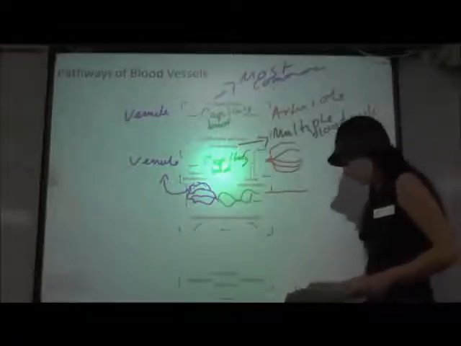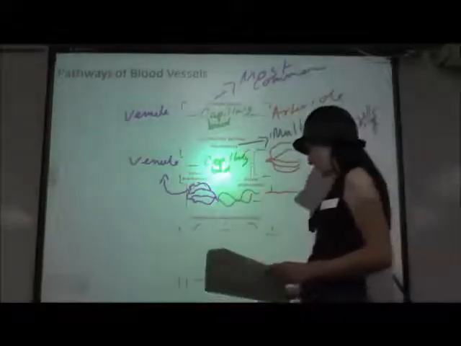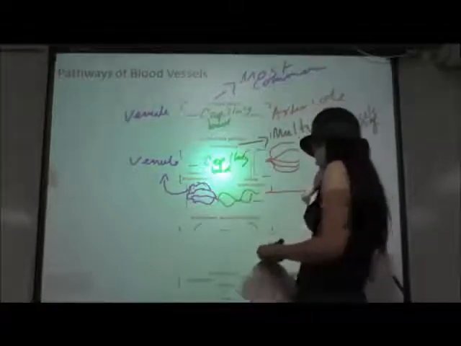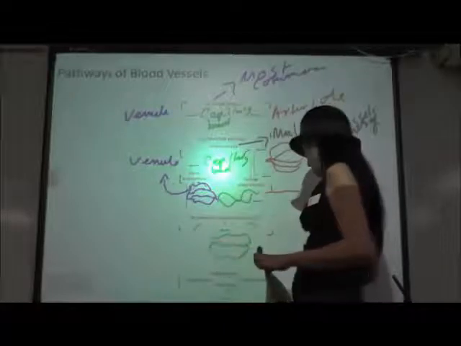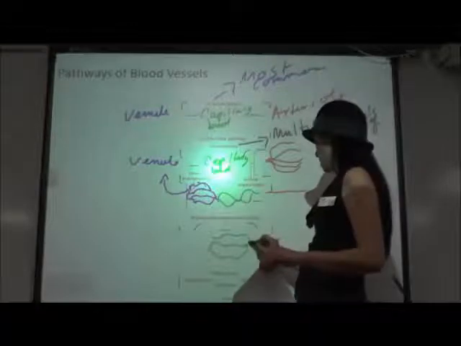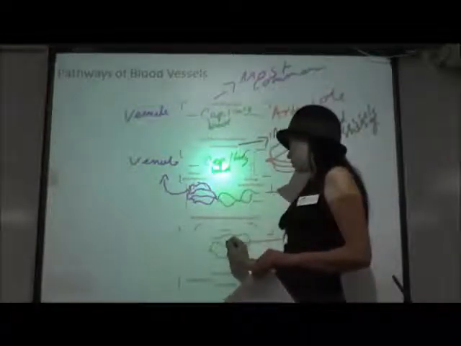And then an arteriovenous anastomosis is what's called a shunt, and this is when you can bypass your capillary bed altogether. So I'll put our capillary bed in the background first. We can shut those precapillary sphincters, and the arteriole then will dump right into a venule.